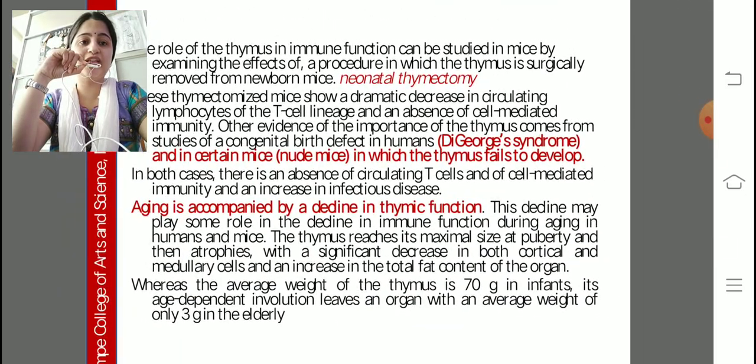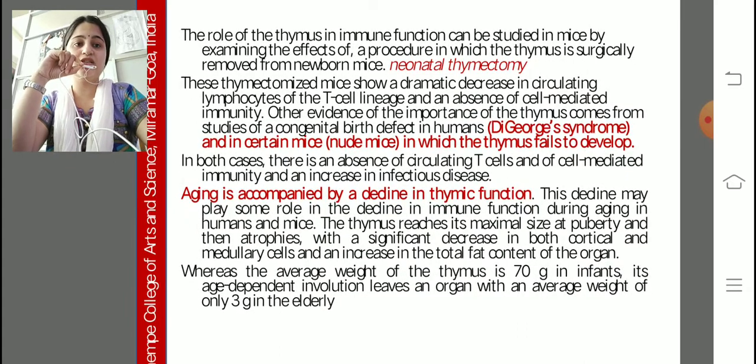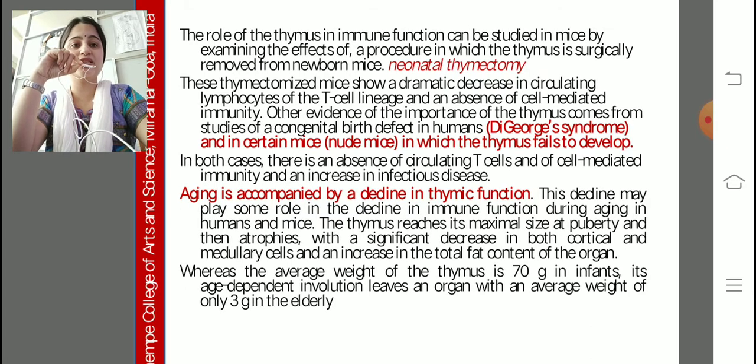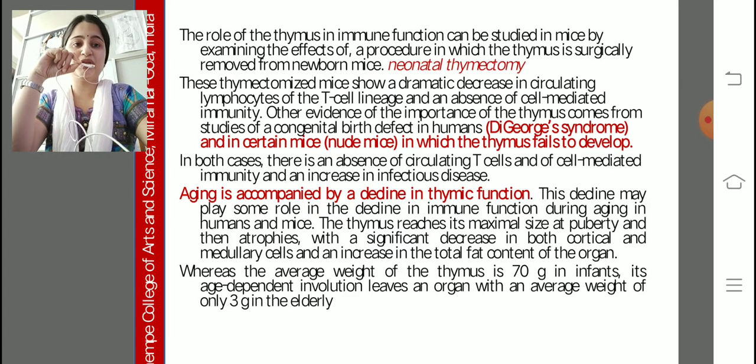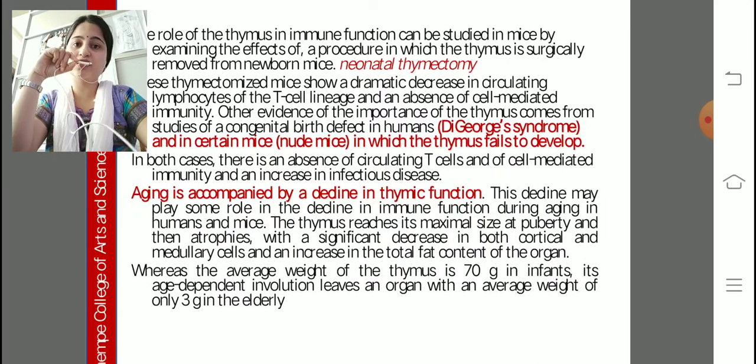The role of the thymus was studied, as I said, by Miller in mice models, where he removed the thymus, which is known as thymectomy. The mice is then known as a nude mice because the fur is all lost.